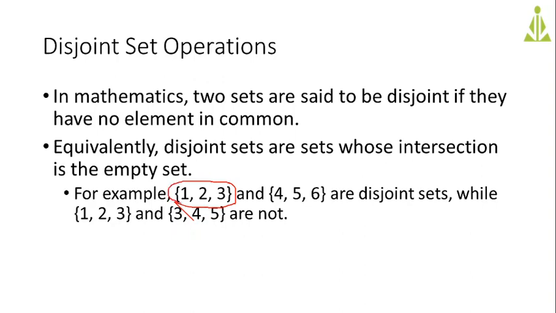These two sets should not have equal elements, meaning the same element. 1 2 3 here, 4 5 6. The two sets are different. When you come to here, 1 2 3 and 3 4 5, that means here is 3 and here is also 3. That means the both have a common element. So this is not a disjoint set.